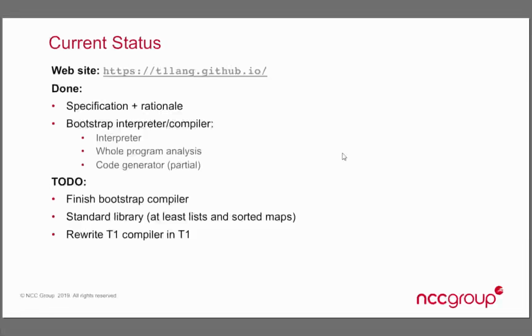And that first bootstrap has a working interpreter. It works. It does the whole program analysis, but the code generator is not finished. So I have to finish that, and add some sort of standard library with, for instance, lists and sorted maps, with dynamic memory allocation and a small garbage collector, which I already have, but it's not integrated. And then I will have to rewrite the T1 compiler in T1, because that's the tradition.